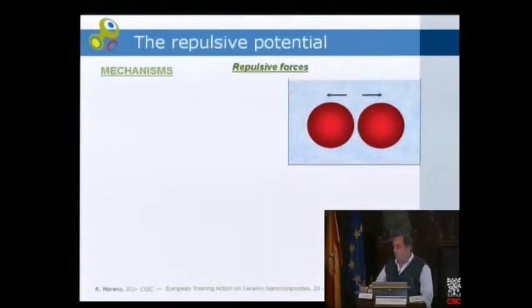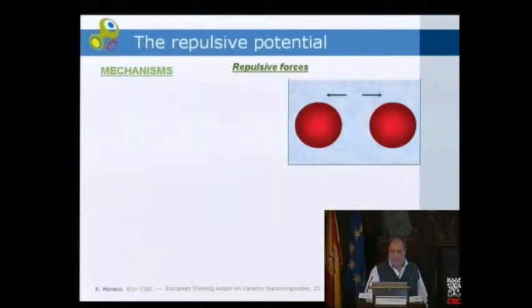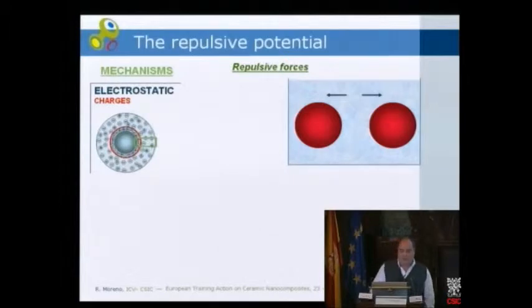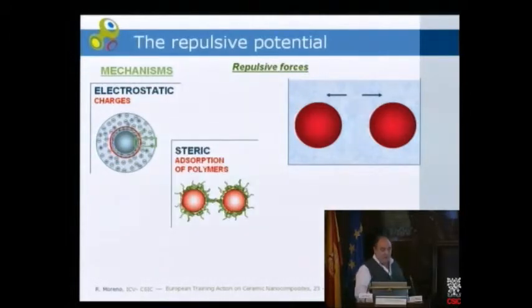To overcome the tendency to flocculation, or to attract particles to each other, we need to introduce repulsive forces, those in which particles are maintained separated from each other. We have different mechanisms to promote repulsion, like the electrostatic mechanism, in which the charges present at the surface are responsible for the repulsion.